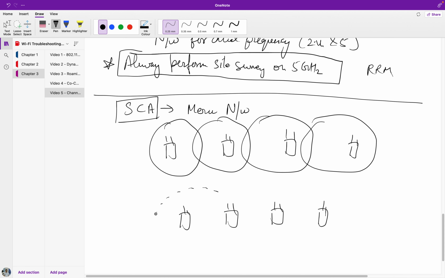Since it's the same frequency, for a client who's trying to roam between the access points, there is no roaming. The client is not even going to think it's roaming, because there is no different frequency allowed here. It's just a single frequency band. So yes, they were abolishing the idea of roaming, trying to make it work with some proprietary measures, but SCA was discontinued and not used anymore.